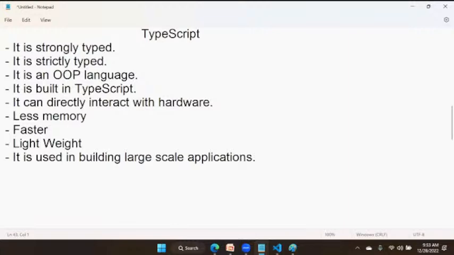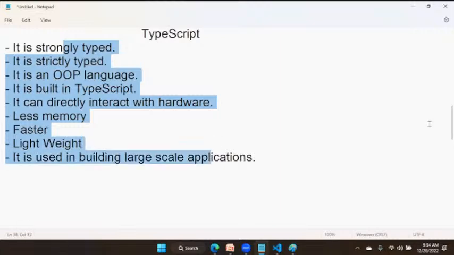So they have to use TypeScript as the language. Individually TypeScript can work, not only in combination with Angular or React. Individually we can build large scale applications using TypeScript. So those are all the advantages of TypeScript.